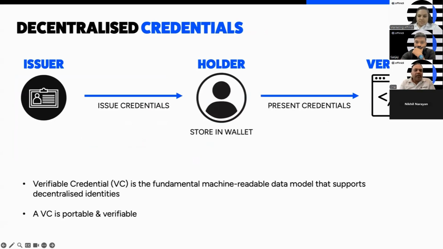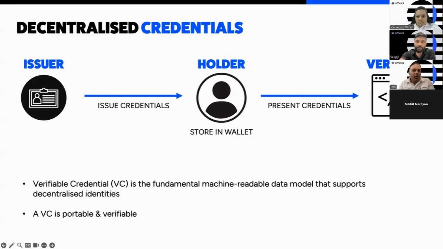Now that we have established that DIDs are pretty clear and easy to understand, what can we do with a DID? We need a way to provide specific attributes of user identities and qualifications without relying on a centralized authority. That was the main purpose, right? At the heart of decentralized tech is a fundamental data model called a verifiable credential.